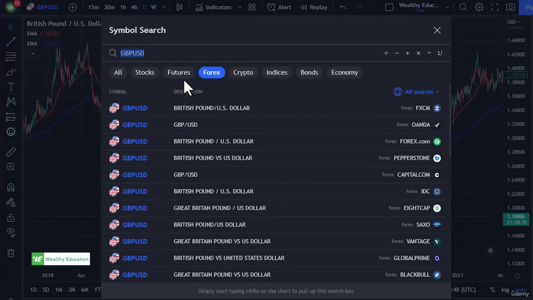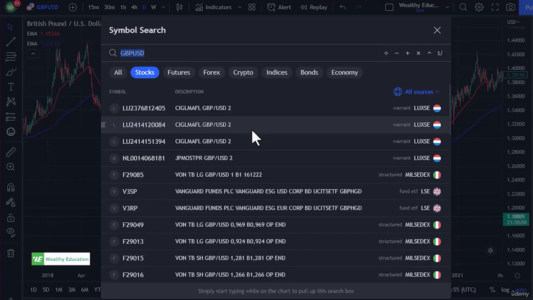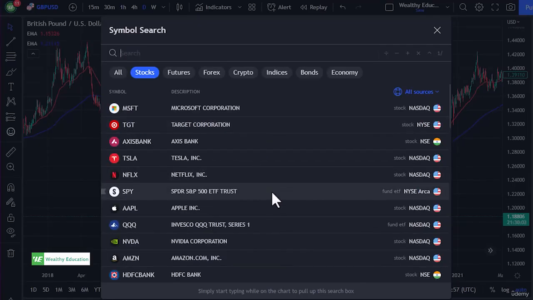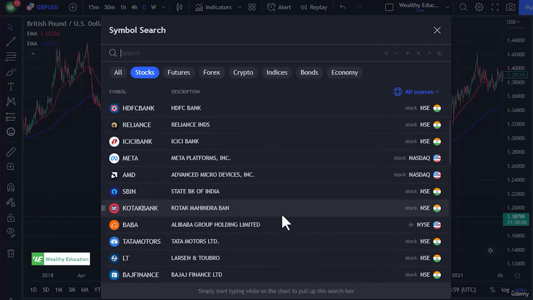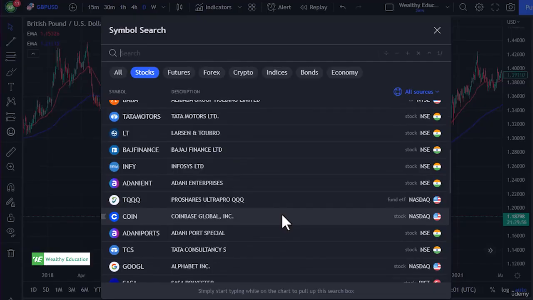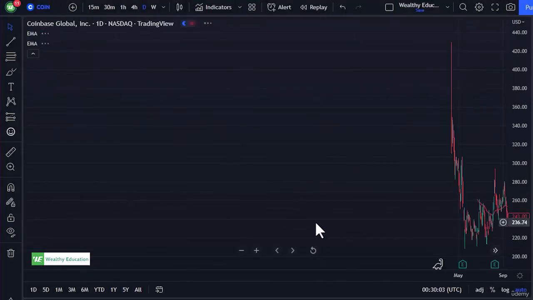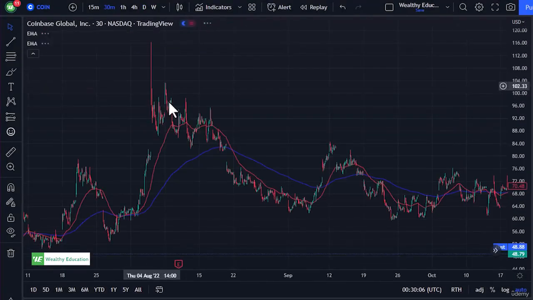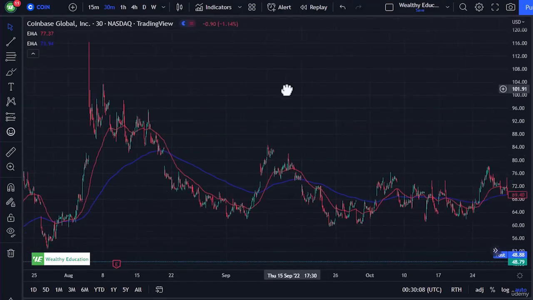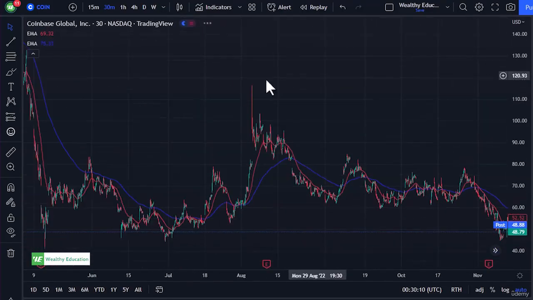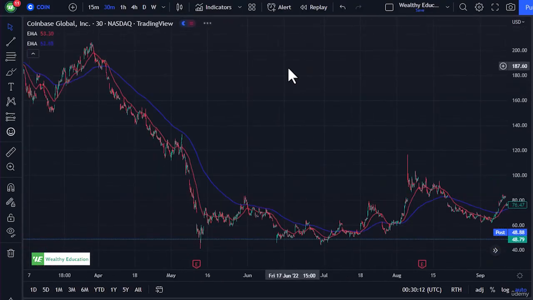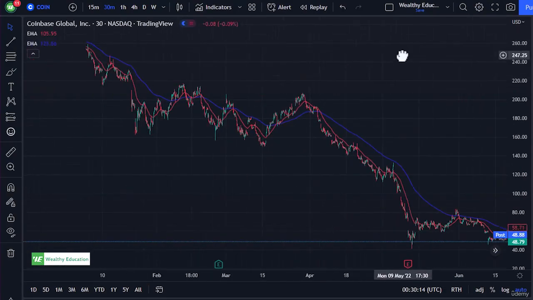Let's take a look at a stock here. Let's do Coinbase, and we'll do it on a shorter time frame. I don't know if I'll have enough. Yeah, there we go.